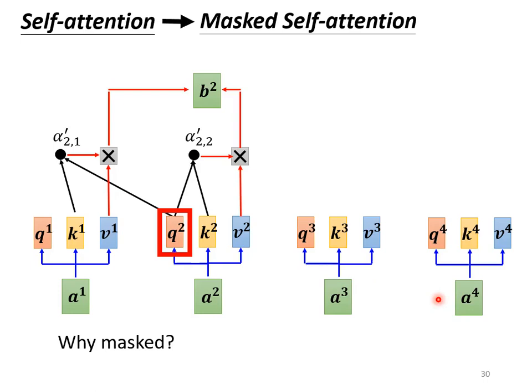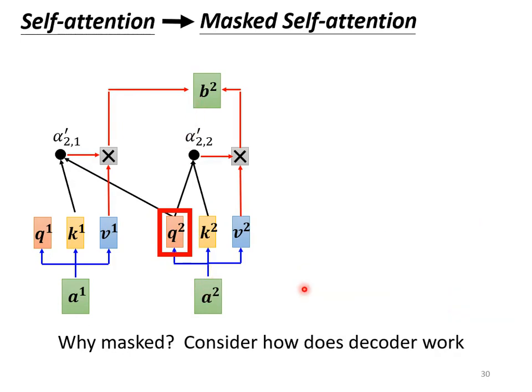In the original self-attention, A1 to A4 are input into your model all at once. When we talked about the encoder, it input A1 to A4 all at once. But for a decoder, there has to be A1 first, then A2, then A3, then A4. So when you have A2 and want to calculate B2, you don't have A3 and A4, so you have no way to take them into account.